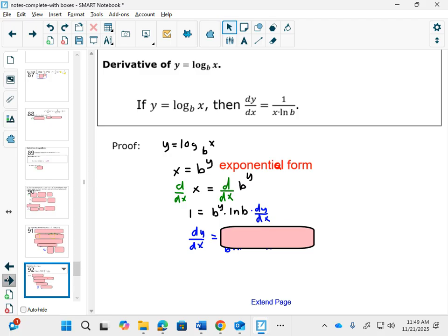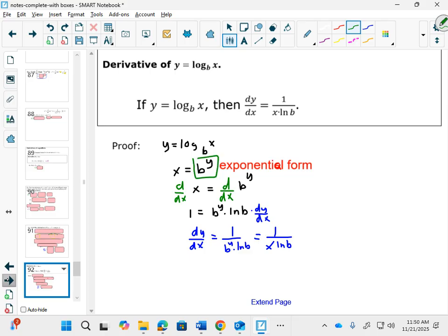If I want to get my dy dx by itself, I would have 1 over b to the y, natural log of b. And since b to the y is equal to x, I can take that b to the y and replace it with the x.